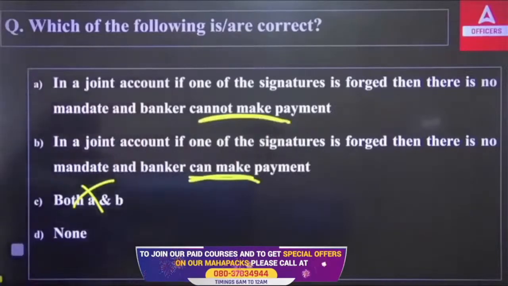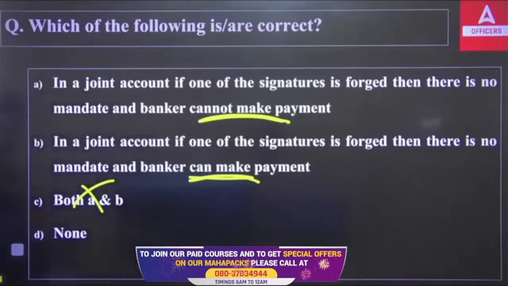So which of the following is correct? In case of a joint account, one of the signatures is forged, then there is no mandate, so the banker cannot make payment, or the banker can make payment. What do you think? A, B or D?